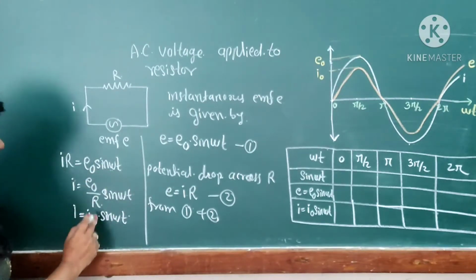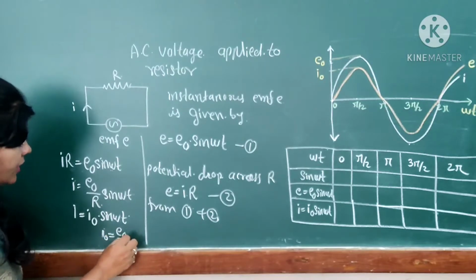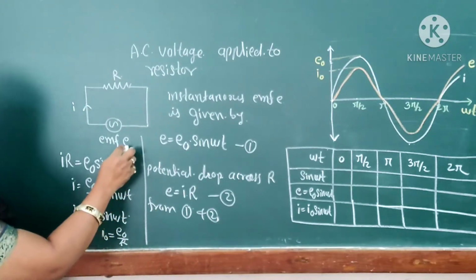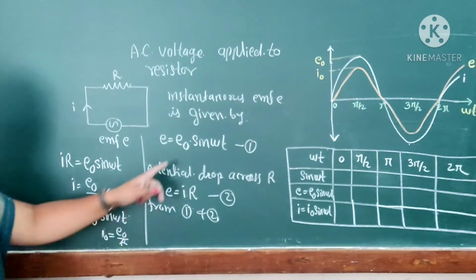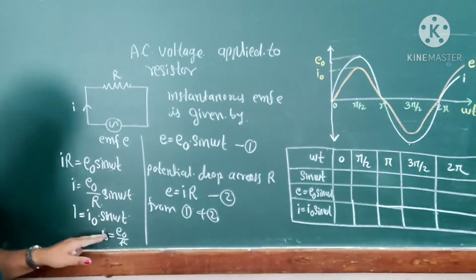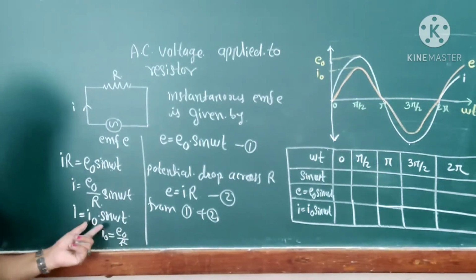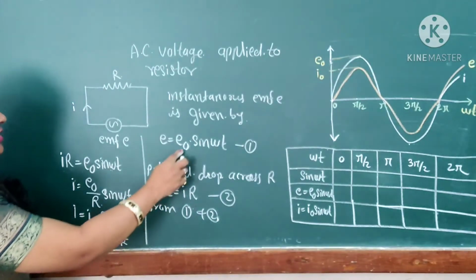Have you got this? This I naught is called the peak value, which is equal to E naught upon R. Whatever the peak value, the maximum value of this EMF, divided by the R value, definitely this peak value of the current is reduced, and that's why these two functions are different.